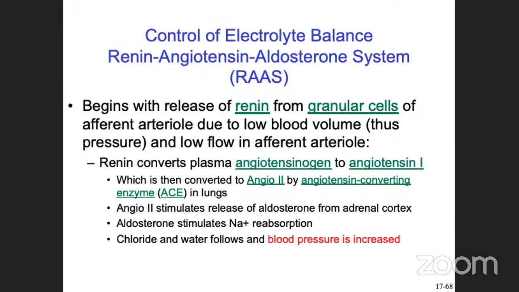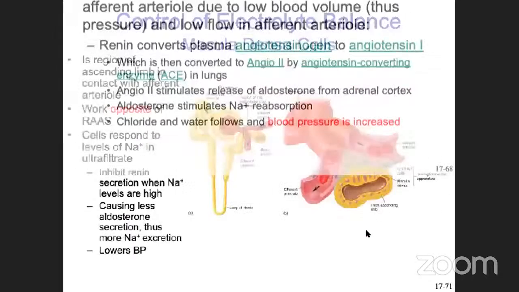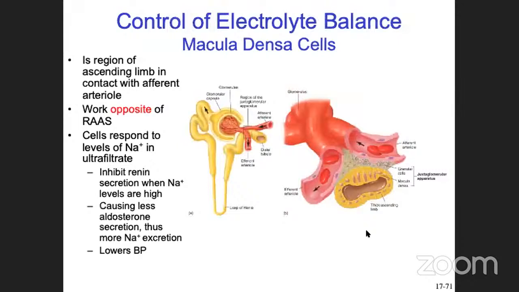Chloride and water follow, and then the final effect is that the blood pressure is increased. So this is the most important mechanism, how we can retain back our blood pressure. And this is control of electrolyte balance.